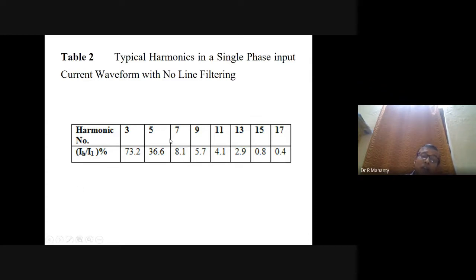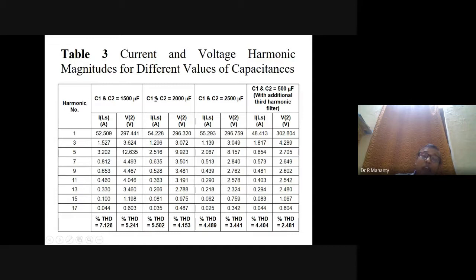This example has been taken from Ned Mohan's book, the typical harmonics in a single phase input current waveform with no line filtering. And we are testing the performance of the quasi-passive filter that has been designed. Now, if we take the value of C1 and C2 to be 1500 microfarad, the current THD is of the order of 7%, and the voltage THD is 5.24%.